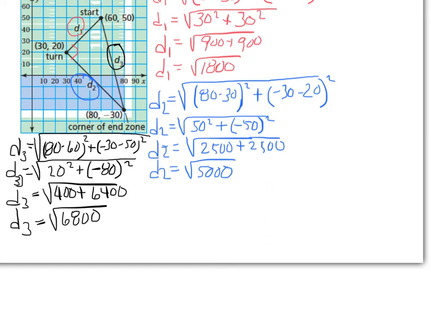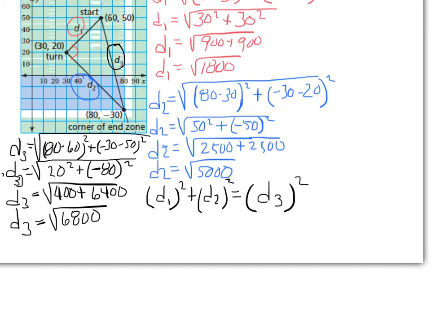Remember, the Pythagorean theorem basically says if I take a squared plus b squared equals c squared and it works, then it would be a right angle. Now, looking at my three distances, D3 is the longest distance, so D3 has to be my c value. And what that means is, if I square D1 and I add it to D2 squared, it should equal D3 squared.